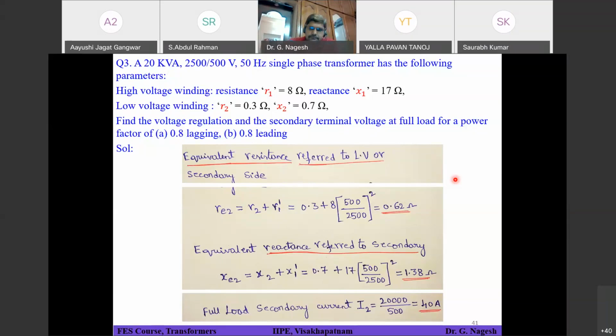Sir, E2 minus V2 is 32 volts. That means I2 RE2 into cos of theta 2 plus I2 XE2 into sin of theta 2, you have done, right? No, sir. Wait.